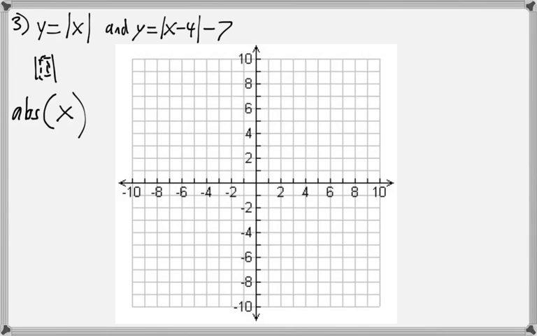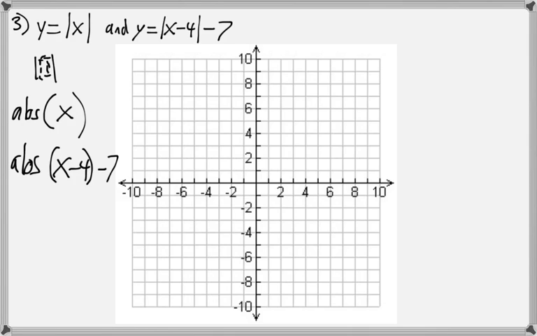And then the second one, absolute value of x minus 4, and I want to make sure to be outside the absolute value when I do the minus 7. So if you have the old one, it's going to be x minus 4, and then minus 7.